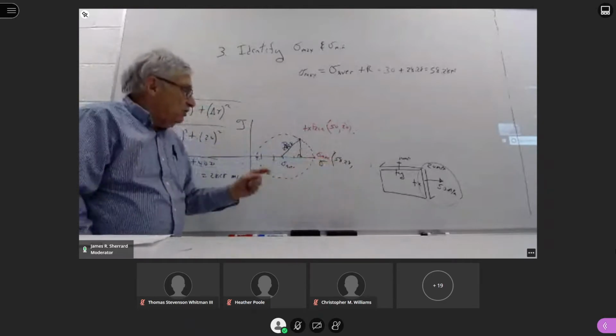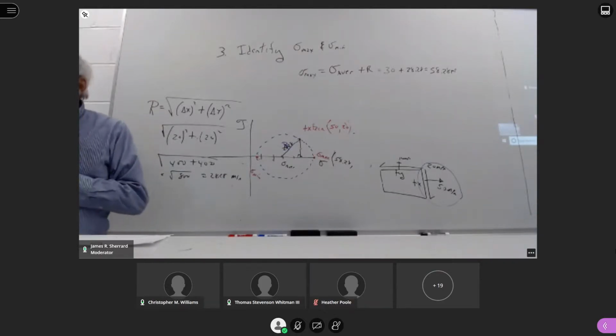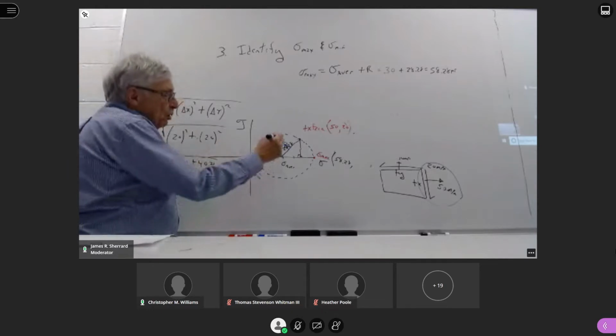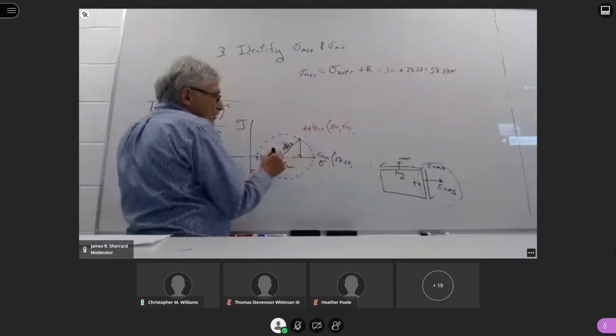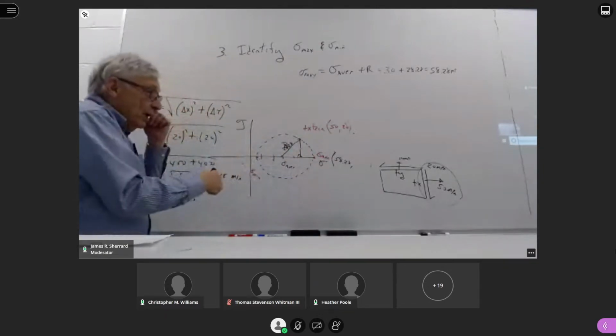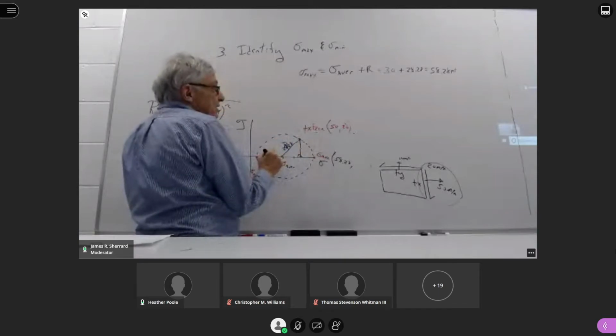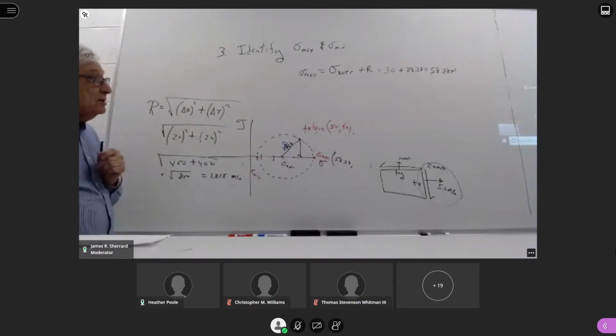What is the value for tau at that point? Looking at Mohr's circle. Well, it would be rotating the radius until it was vertical, then doing the math from there. I think it would be 1.72. No. I'm rotating the plus x face to show the maximum value for plane stress.